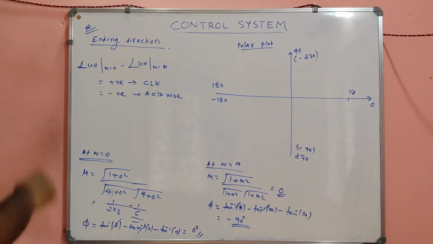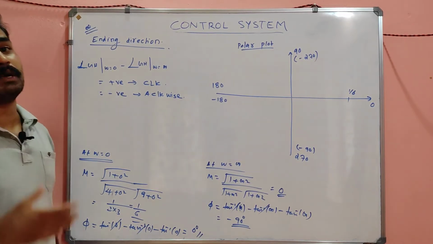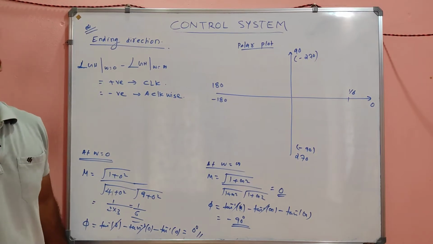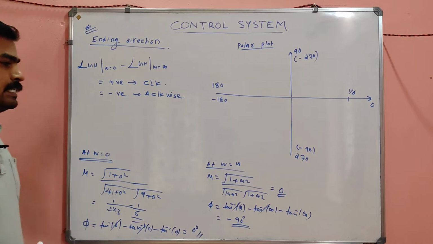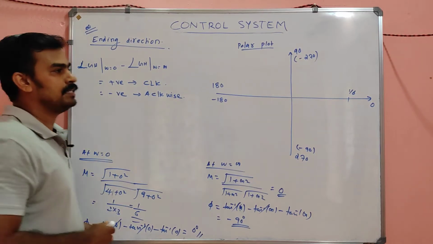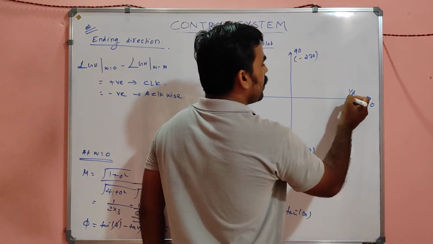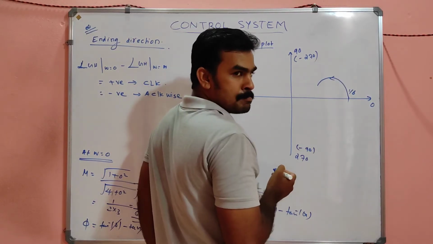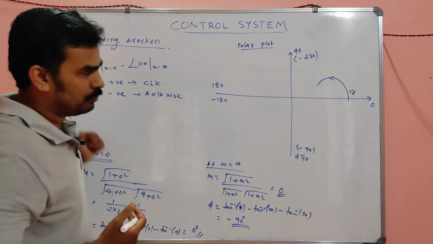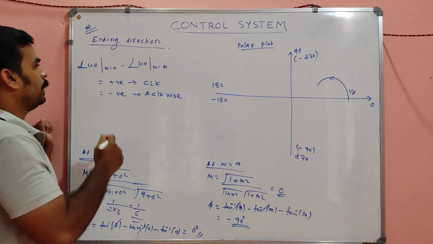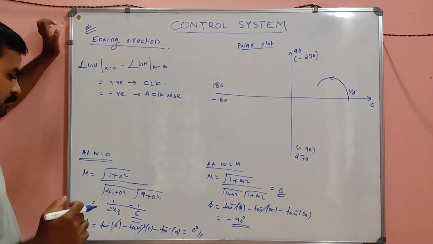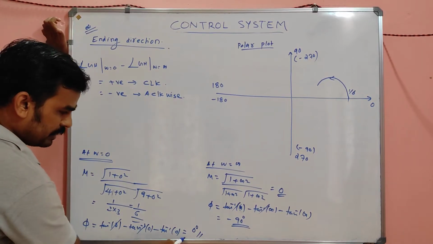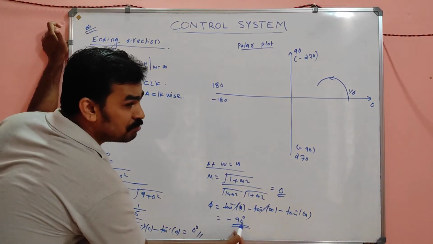S plus 1 equal to 0, we will obtain what? S equal to minus 1, which is nothing but a zero near the origin. Since the zero is near the origin, my dear, the starting direction will be anti-clockwise. And what about the ending direction, my dear? The ending direction is given by the angle at omega equal to 0, which is 0, and the angle at omega equal to infinity, which is minus 90.